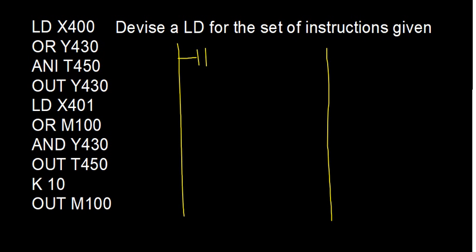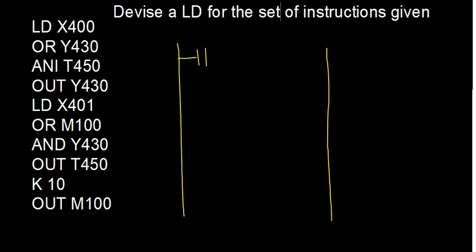So now this happens to be my X 400 here, as you know. OR Y 430. So you have one parallel branch here. So this is my Y 430 here.